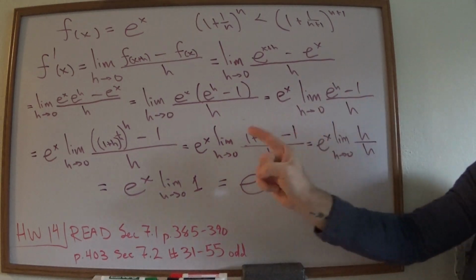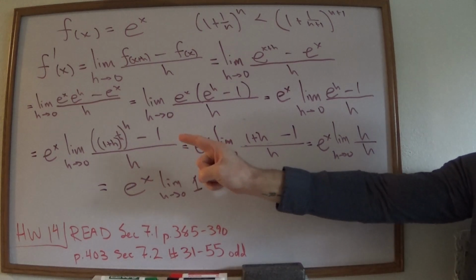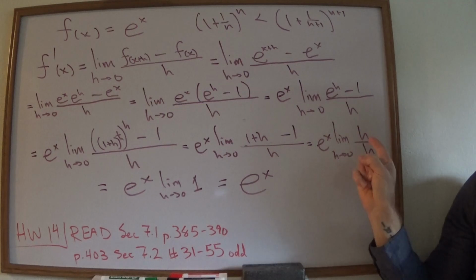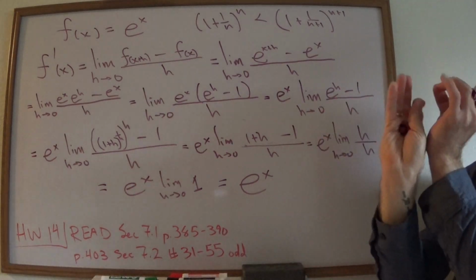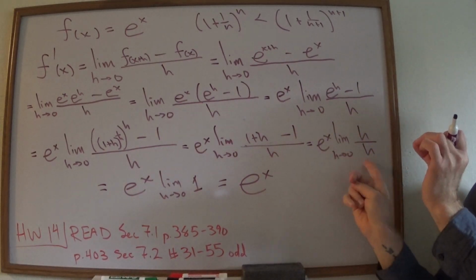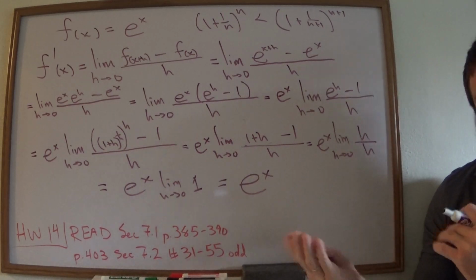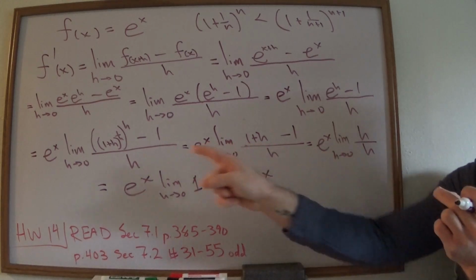And what's interesting is that's kind of what's going on here too. This is just right. It's just right so that this limit works out to be 1. If it were any bigger, it wouldn't be 1. If it were any smaller, it wouldn't be 1.